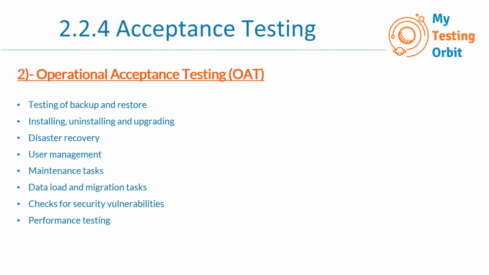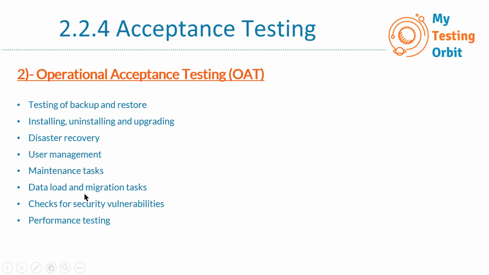Whenever a mobile app is being built, then installation and upgrade of a new version of the mobile app is part of operational acceptance testing. Whenever there is some data being stored in the databases, there will be some backups taken as well, so that if we have to restore from those backups, that's possible. So all that will be covered in OAT.